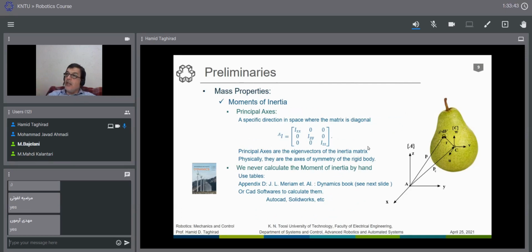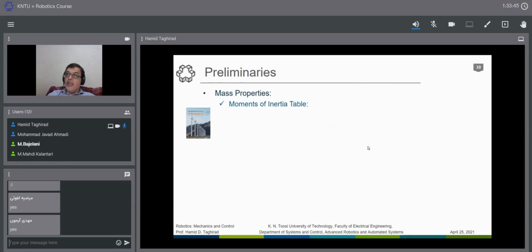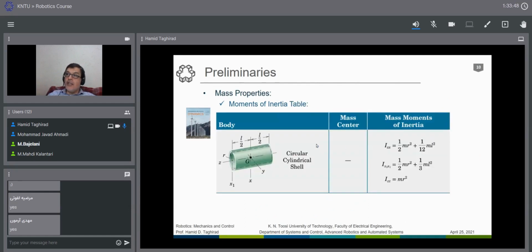For example, here, if we have a circular cylinder shell, a robotic link could be hollow. As you see with a circular cylinder, you can find Ixx, Iyy, and Izz like here, and the point of symmetry can be found here. The XYZ axes are considered in a way that is somehow symmetric.